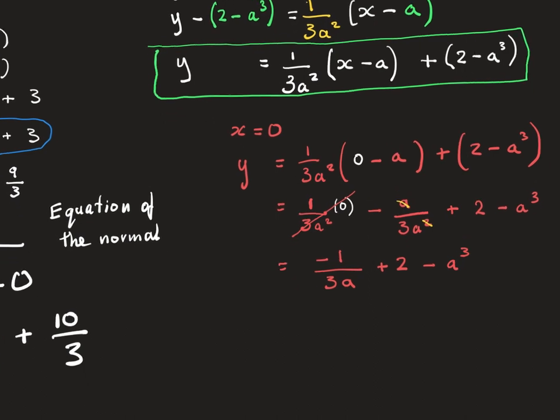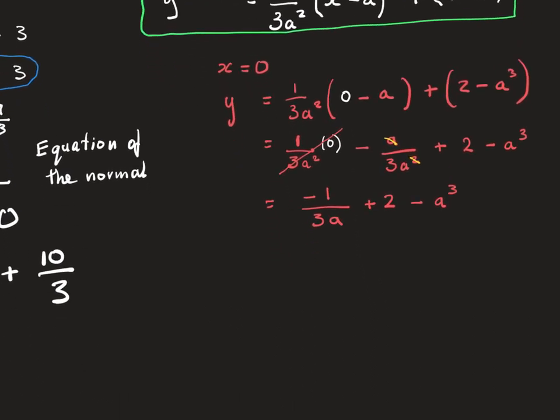It might be nicer just to put it all into one fraction, which means let's put it all under 3a. If we put it all under 3a, then this becomes 2, and we need to also multiply that by 3a. Then we put a cubed, and we also must multiply that by 3a.